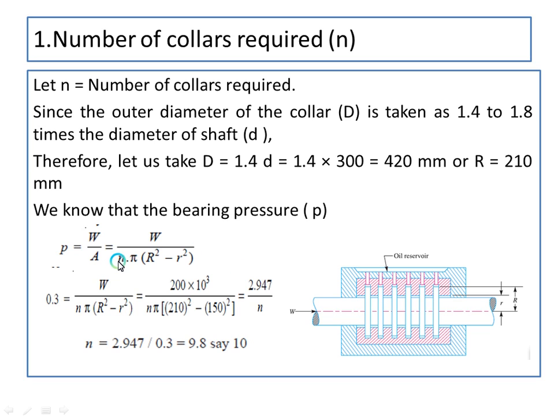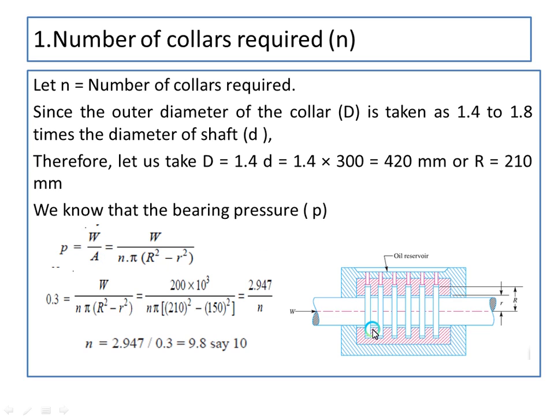For that reason I have multiplied the area, which is pi into capital D minus small d, or you can take, since he has measured in terms of radius, pi into r square, which is the radius of the collar, minus the radius square of the shaft, where you can get the area of one collar.